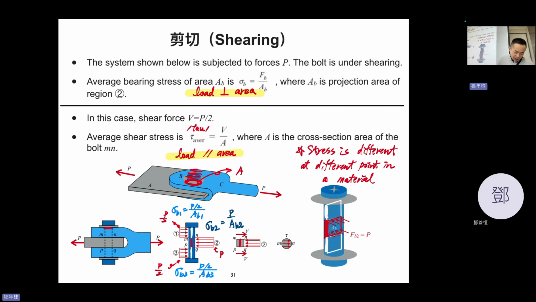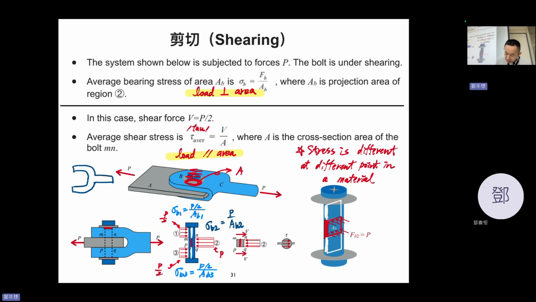And because this is symmetric, cutting here is also equal to cutting here, right?